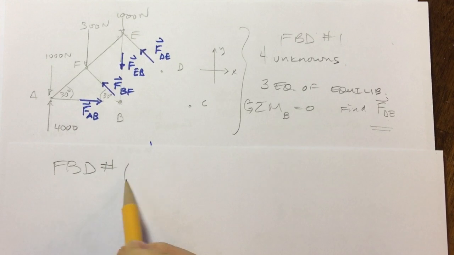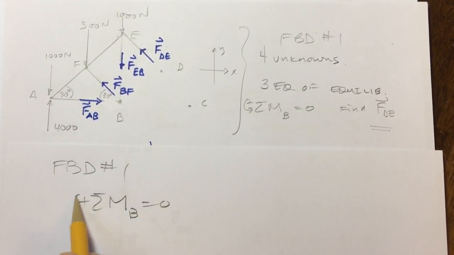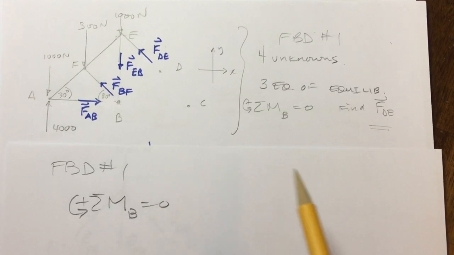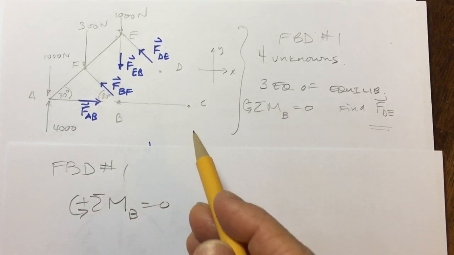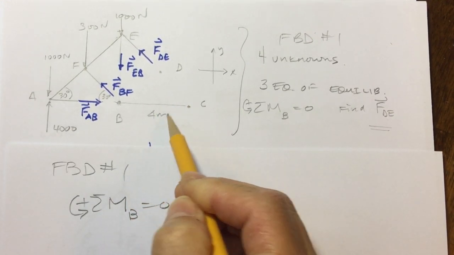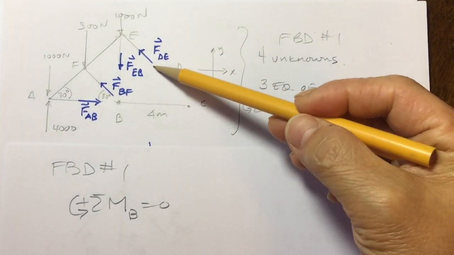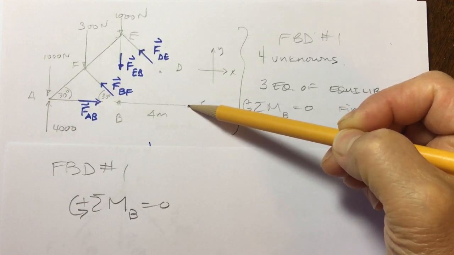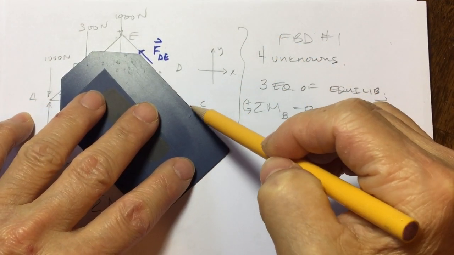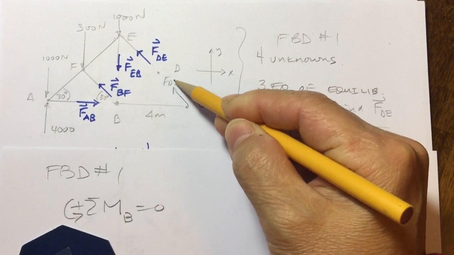FBD number 1, we take the sum of the moment about point B is equal to 0. We note that the distance from B to C is 4 meters per the problem statement. And since forces are transmissible, I can move this force to point C or joint C. That's FDE.